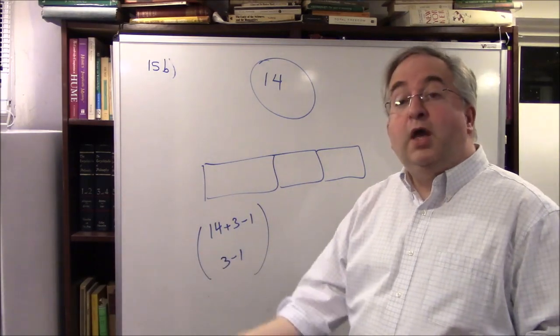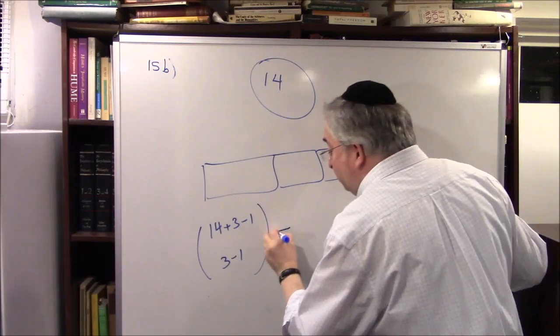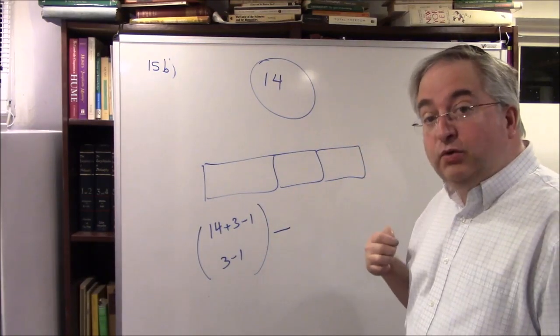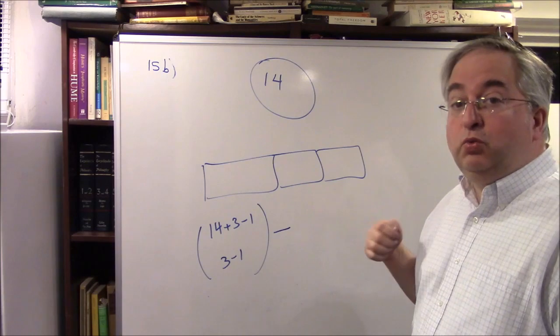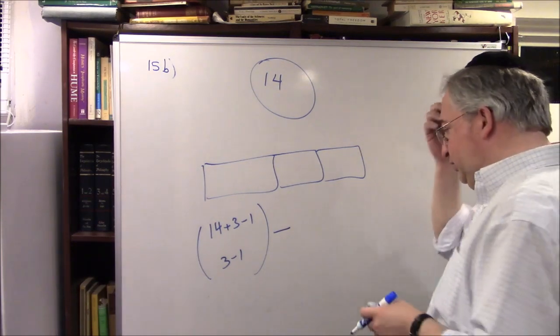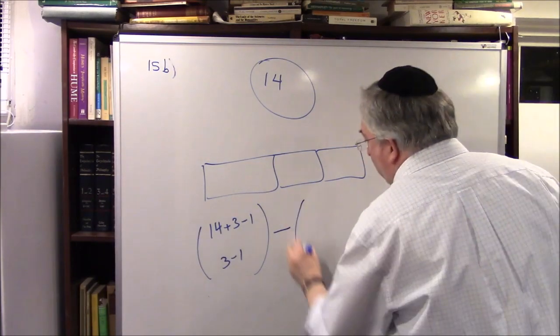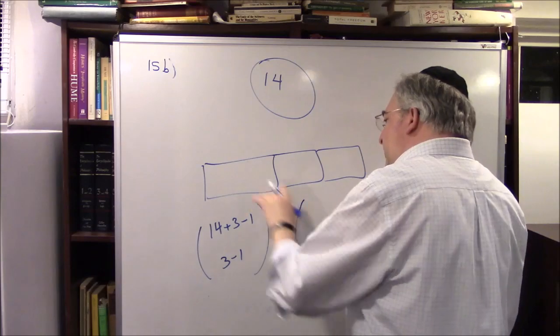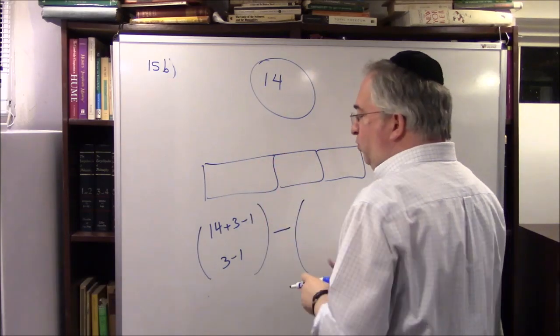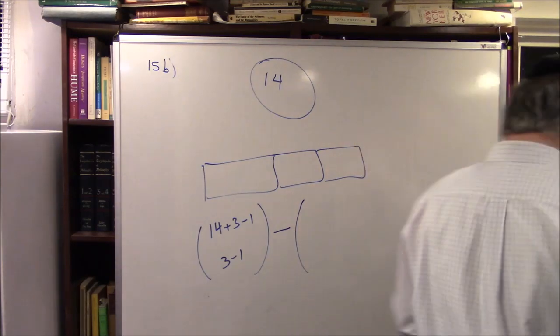But we want no more than 7 in every box. So what we have to do is subtract and count out those that don't work, that do have more than 7. So we want to subtract out those that have 8 or more.